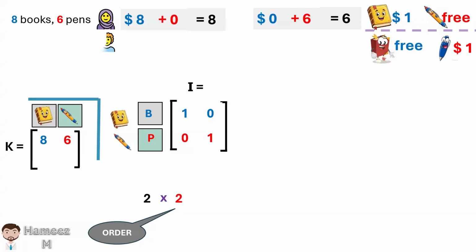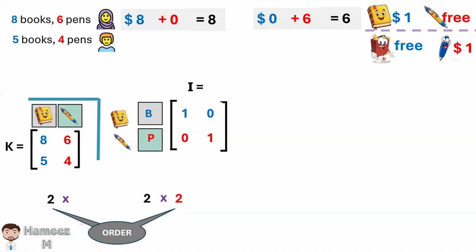Now, let's include Liam. Liam has 5 books and 4 pens that he requires. So we could put that into K. So the first row represents Sarah's needs, and the second row represents Liam's book list or his needs. So the order would be also a 2 by 2.